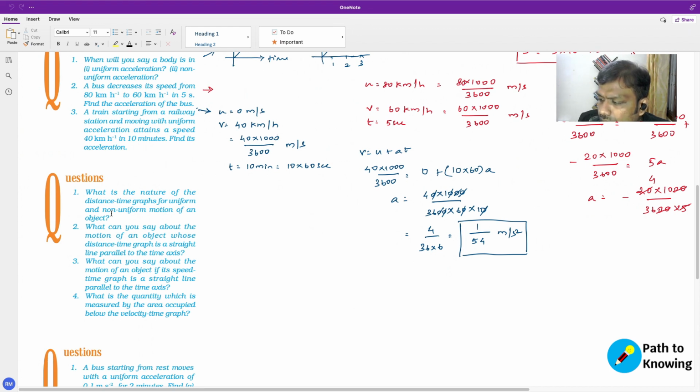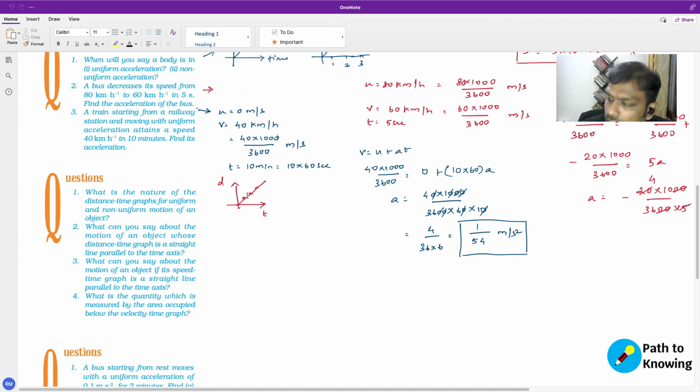We just learned that for something in uniform motion, for a distance time graph, let's call the distance d here, and your time is here. When something is in uniform motion, it covers the equal distance at every unit of time. So it will be a straight line. The distance time graph will be a straight line, something like this.